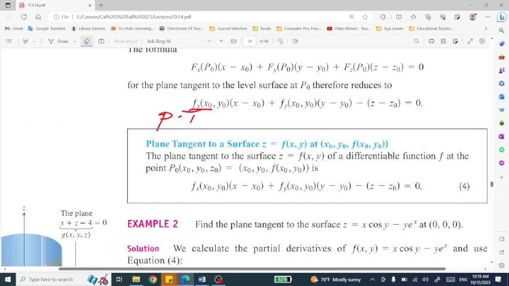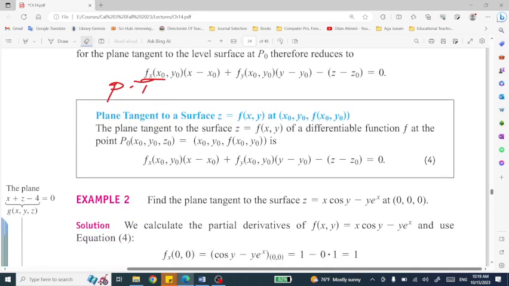Look at here. The same rule. fx times x minus x naught, fy times y minus y naught. But we don't have fz.